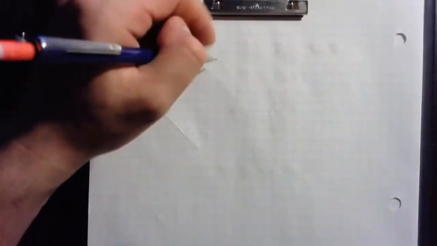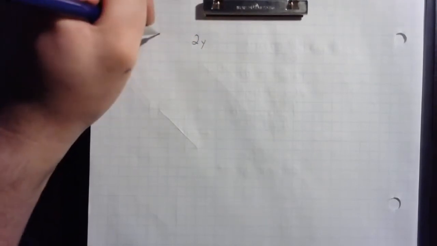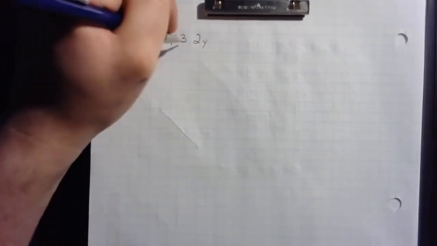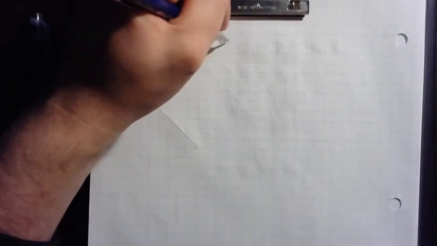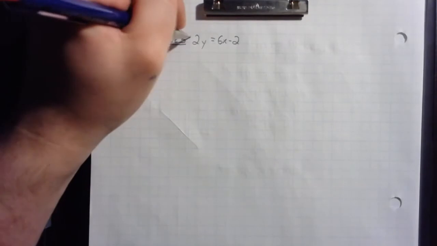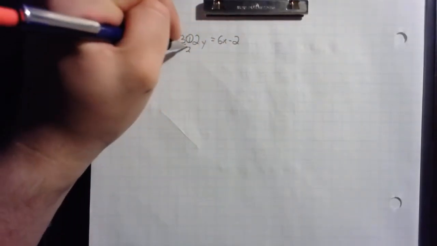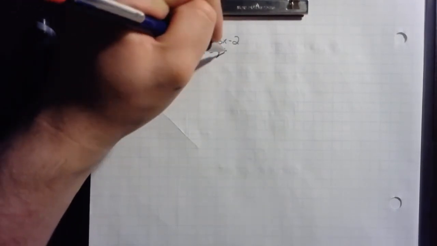So in example 3, I have 2y equals 6x minus 2. I'm going to label that equation 1. And equation 2, I have 3x equals y plus 4.